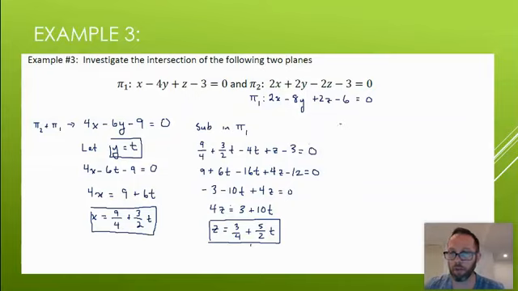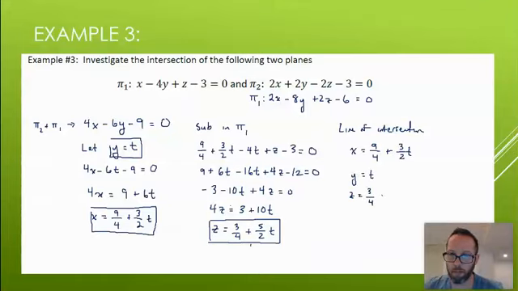So here's our line. So for the line of intersection, you can write the parametric equations. So x equals 9 over 4 plus 3 over 2t, and y equals t, and z equals 3 over 4 plus 5 over 2t.